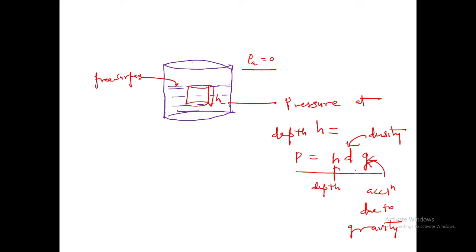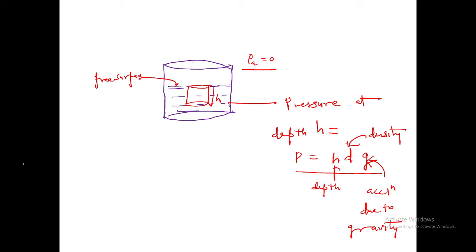And pressure is independent of the amount of liquid, shape of the container, or cross sectional area considered. So if a given liquid is filled in vessels of different shapes up to the same height, the pressure at the base in each vessel will be the same, though the volume and weight of the liquid in different vessels will be different.